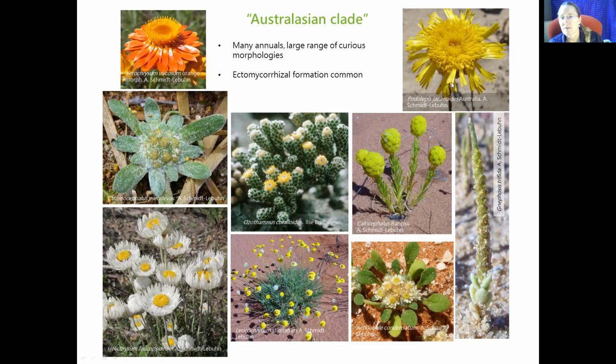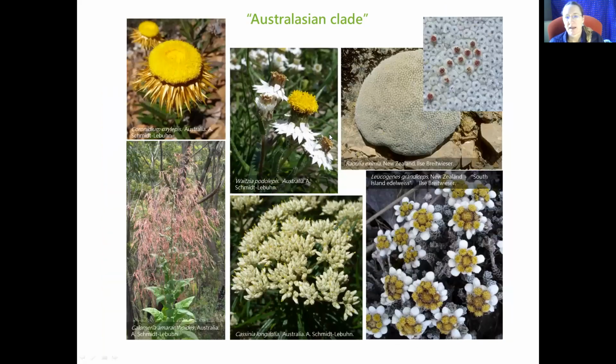Some of them have ray florets, and there's a large range of growth forms, leaf anatomies, including cushion plants, and interestingly enough, the species Leucogenes grandiceps, which is endemic to New Zealand, and I think you can see the apparent convergence with the Edelweiss, and so it's not surprisingly known as the South Island Edelweiss.